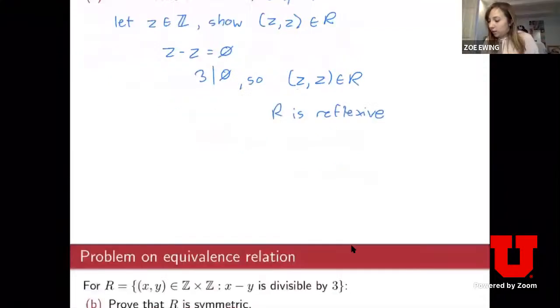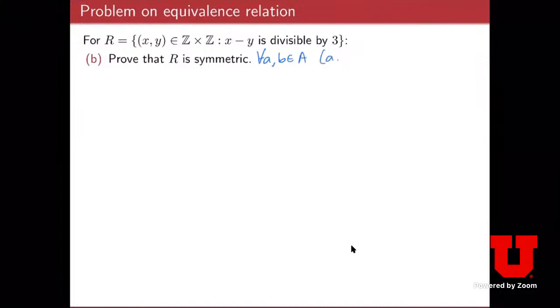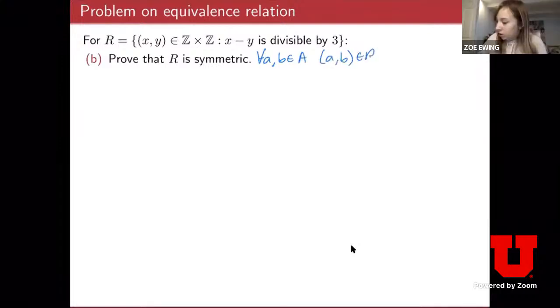All right. So let's move on to symmetric, which we didn't do in our last problem. So we want to show that for every a and b in A, if ab is in the relationship, it implies that ba is in the relationship.